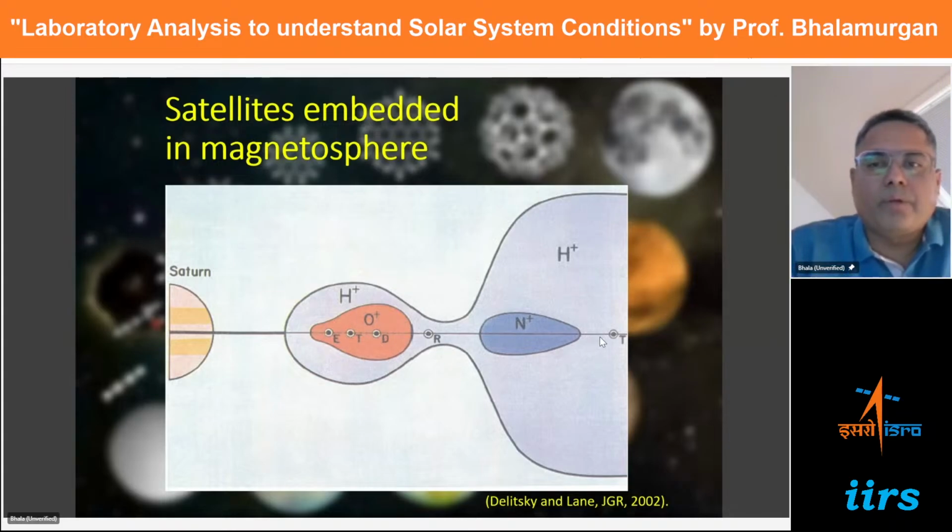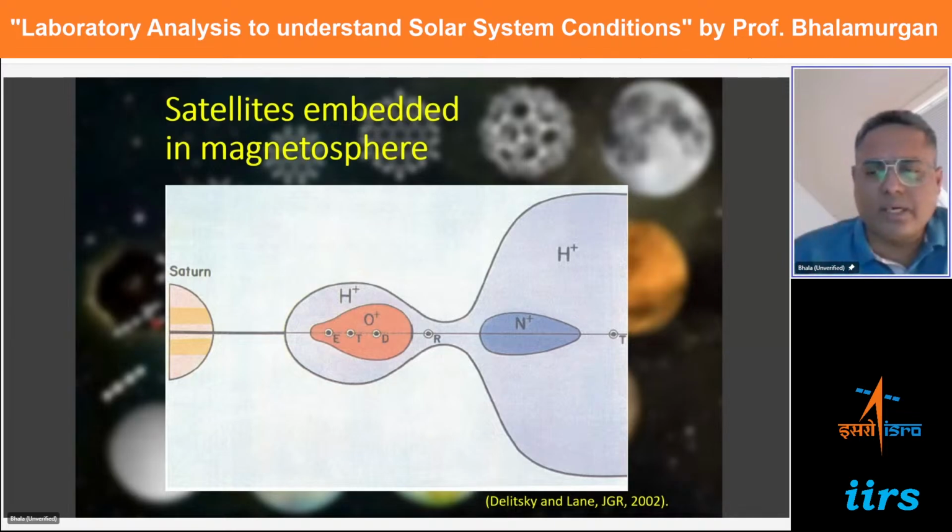Tethys and so on. But you see the plasma environment around the moons is different, because Titan has a lot of nitrogen, whereas the places close to Rhea and Dione are rich in oxygen atoms and oxygen ions.